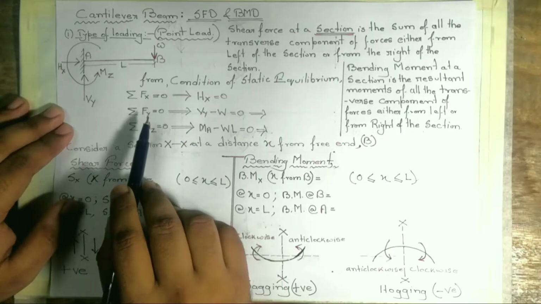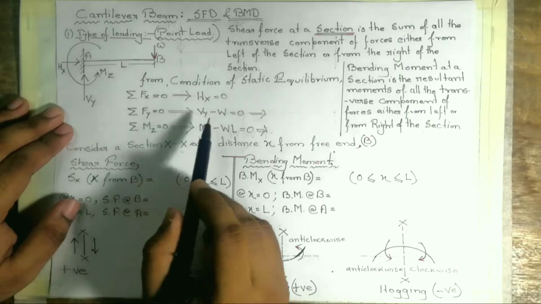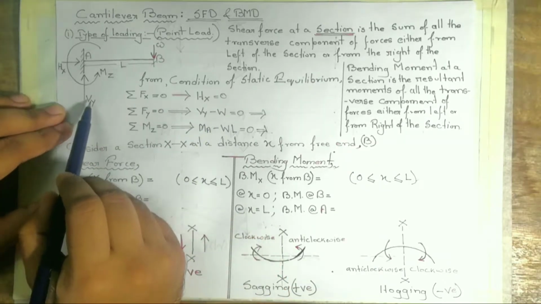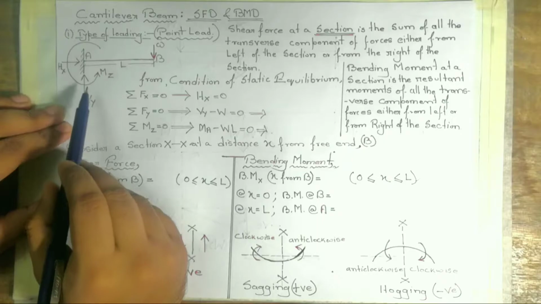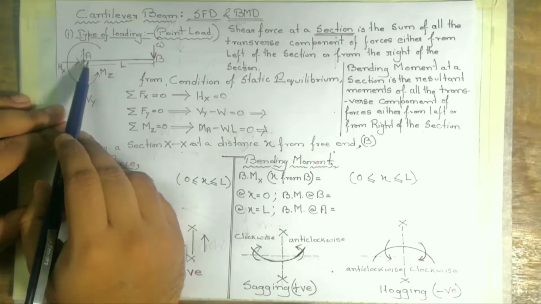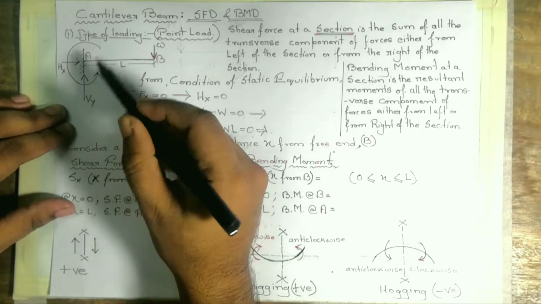Now, summation of all forces along the vertical direction is 0. So from this, let us assume the direction of the vertical reaction. If Vy is the vertical reaction acting at point A due to the fixed support, let us assume that it is acting upward.